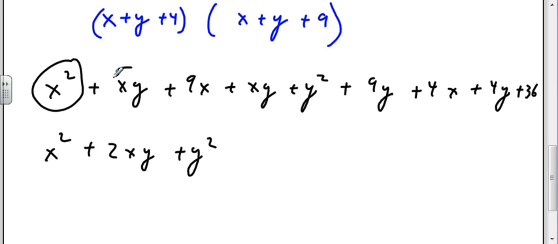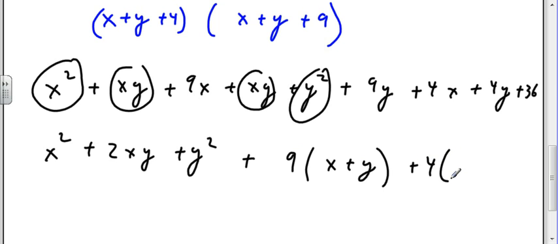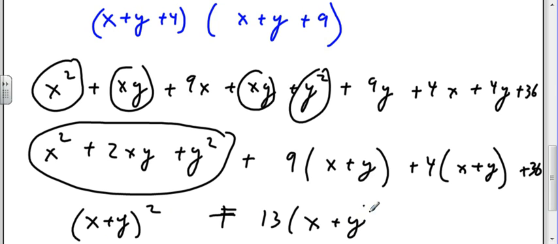Okay, so that's that guy, that guy, that guy, that guy. And then I've got a plus 9 times x plus y, and then I've got a plus 4 times x plus y, and then I've got a 36. I recognize this guy as x plus y squared, and over here I've got 13 times x plus y plus 36, and that is exactly what I had to start with.